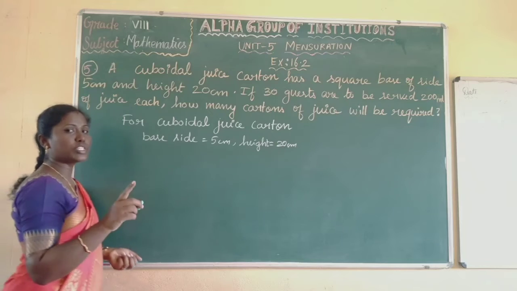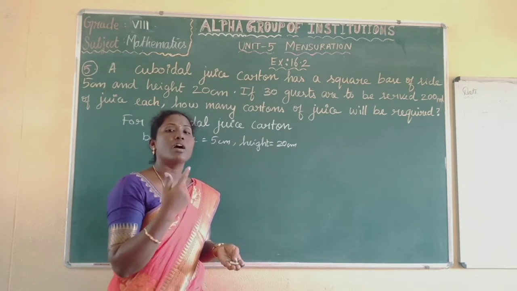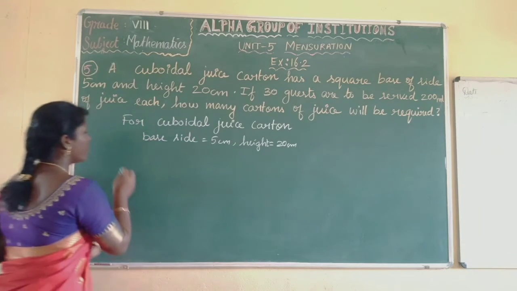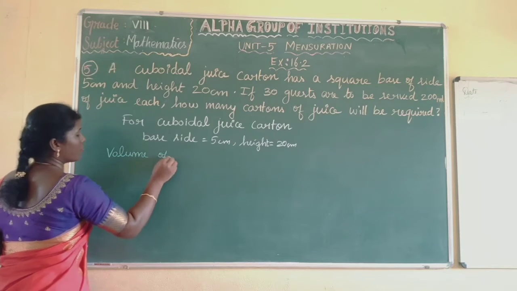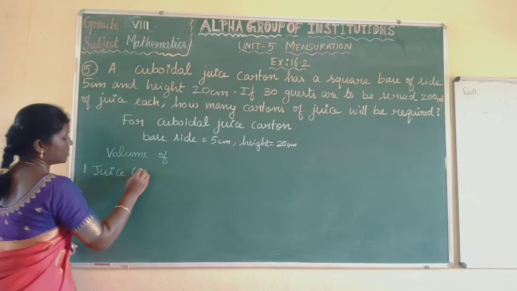First we have to know the volume. What is the capacity, or how many ml of juice is contained in one juice carton? So we are going to find the volume of one juice carton.